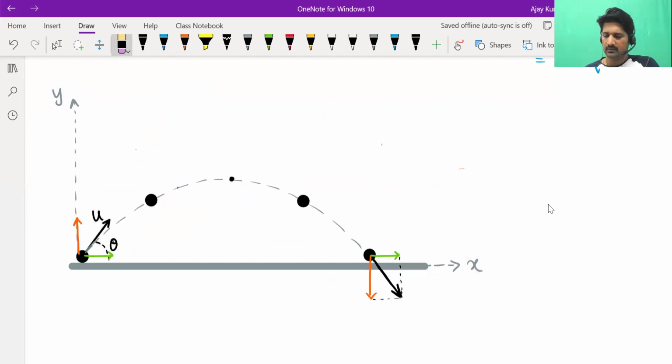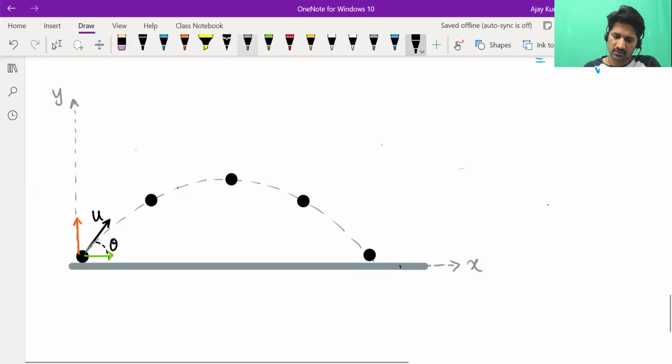And see, the object undergoes acceleration, and that acceleration is due to gravity. Is acceleration due to gravity a constant acceleration or a variable acceleration? Anyone? Acceleration due to gravity is constant or variable? Sir, constant. Constant.